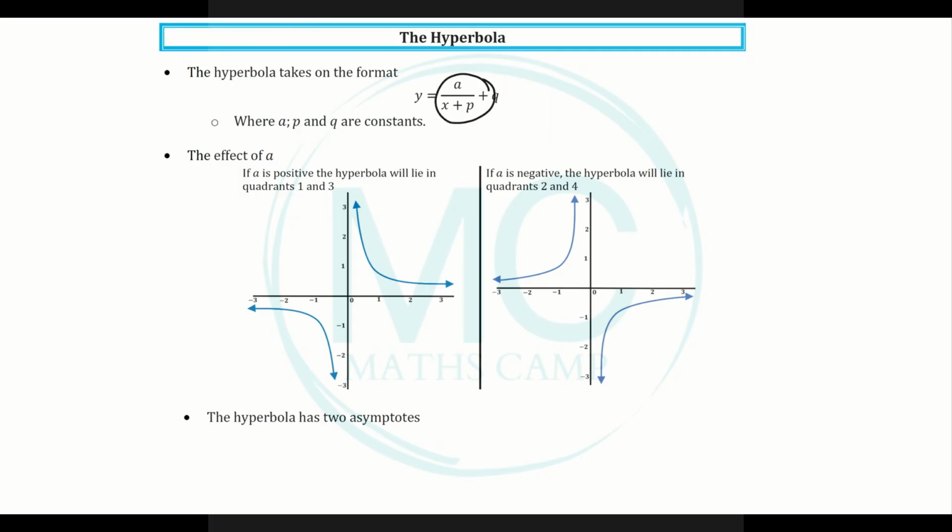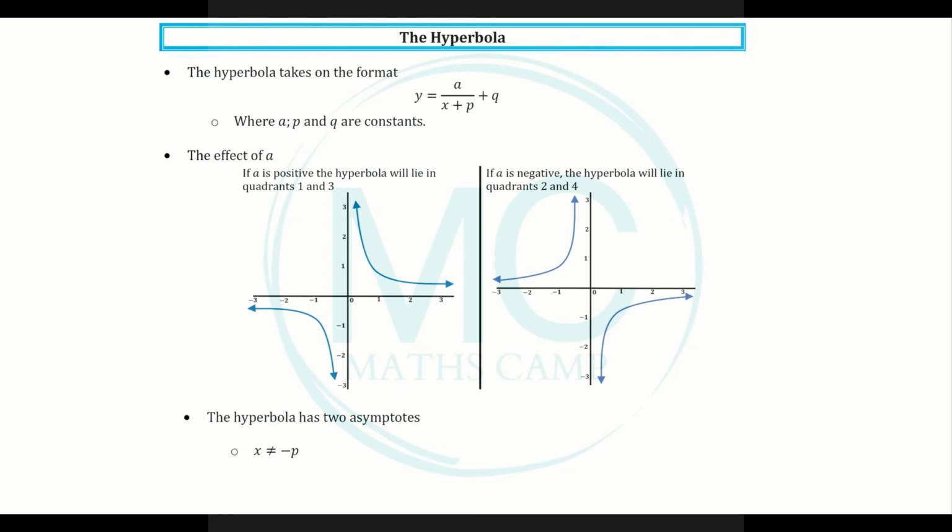If x is equal to negative p, the fraction becomes a over negative p plus p, which means we get a over 0. A fraction with a denominator of 0 is undefined, and we cannot work with an undefined value. This means that x cannot be equal to negative p.